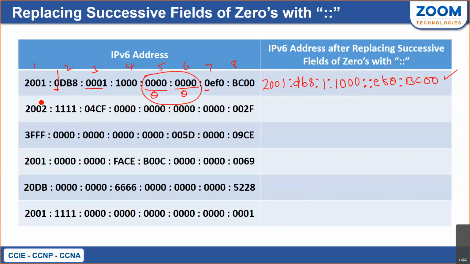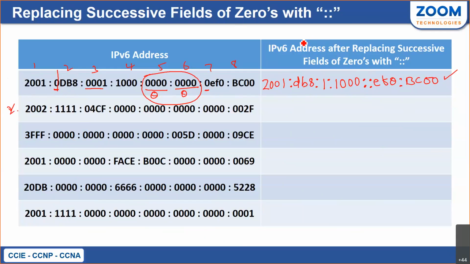Okay, second example. First one, can you please explain it again, sir? Here, after the third position, 0001, it's led by 3 zeros. That's why we have taken 1.